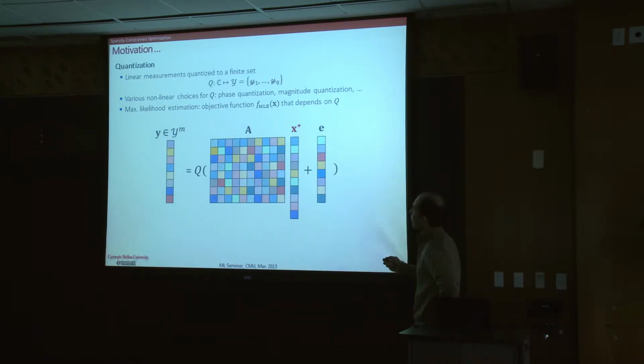For example, you can quantize based on the phase of the linear measurements, or the magnitude of the measurements, or some combination of phase and magnitude of these measurements. Depending on the choice of the quantizer that you use, you can come up with the maximum likelihood estimation objective function. And that's another type of objective function which is different from the standard squared error.